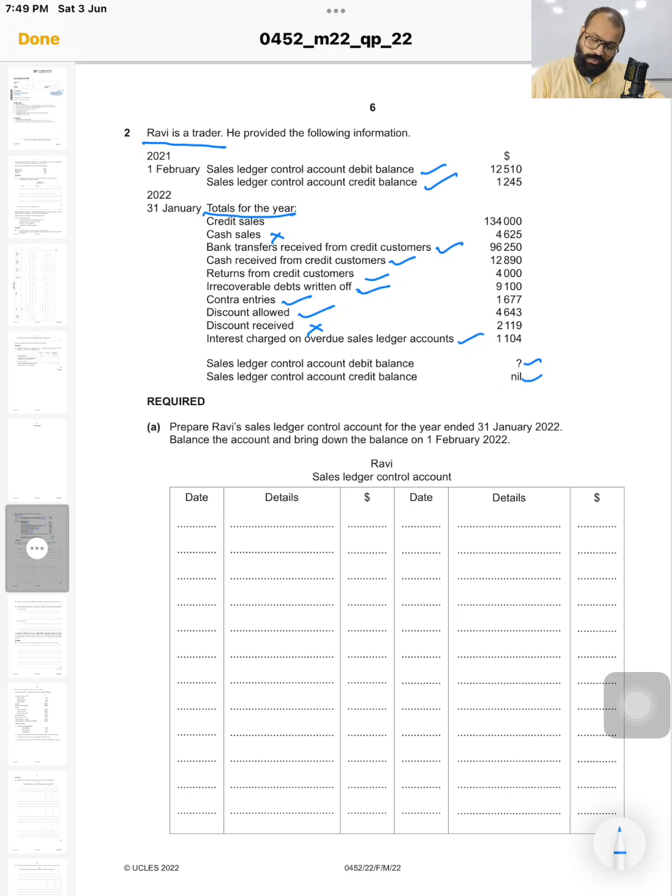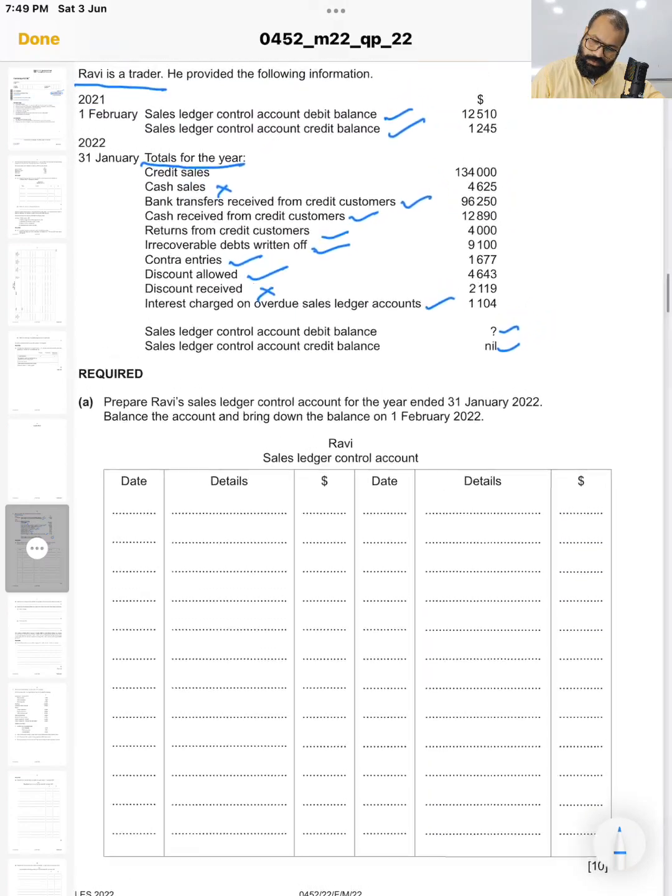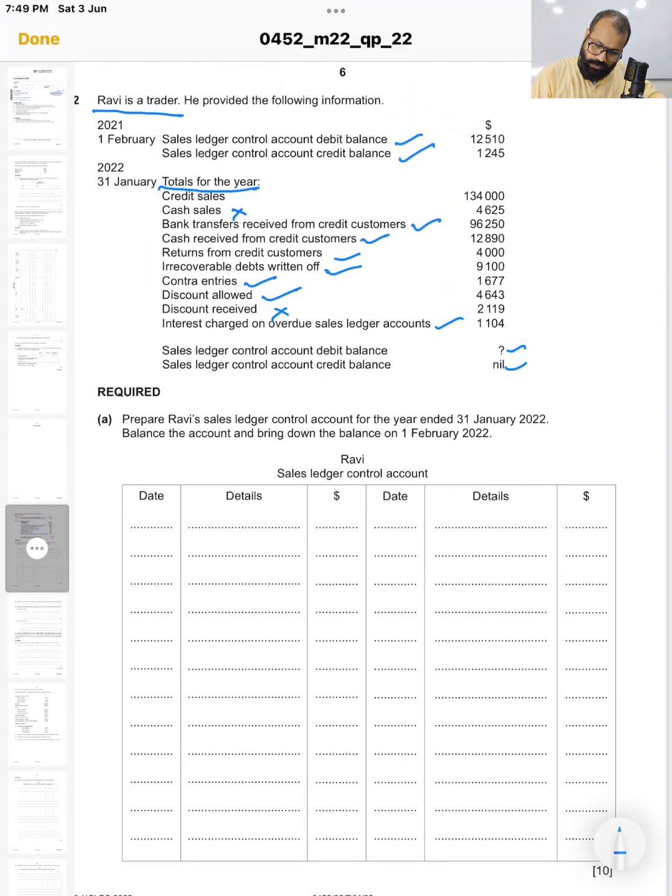So the year is 2021. I'll make it a bit large. Yeah, so 2021, first we'll mention the year. Then you mention the month, both sides.